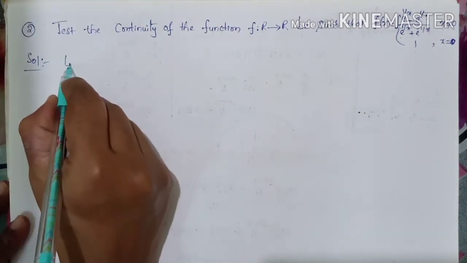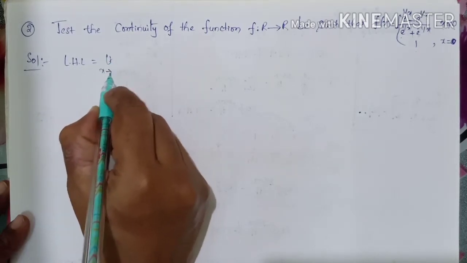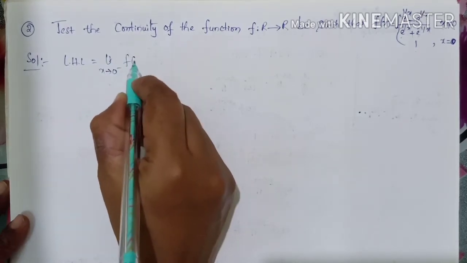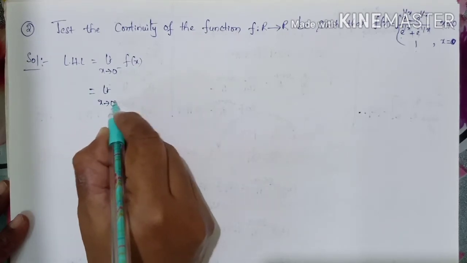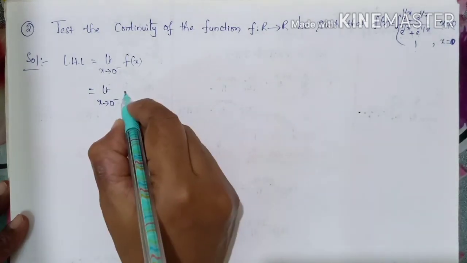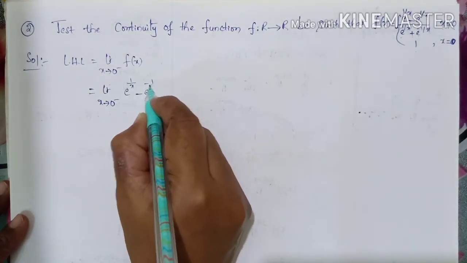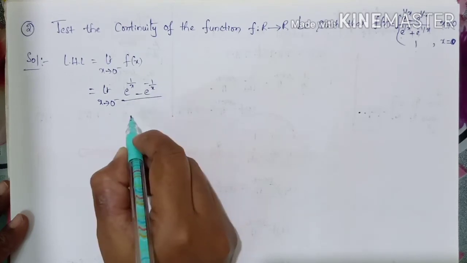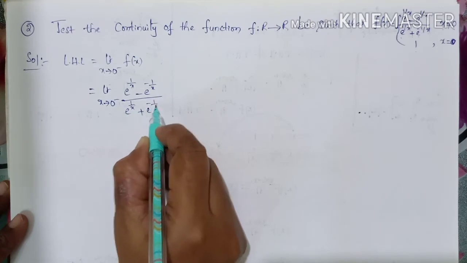First we take the left-handed limit. Limit x tends to 0 minus f of x, here is (e power 1 by x minus e power minus 1 by x) by (e power 1 by x plus e power minus 1 by x).